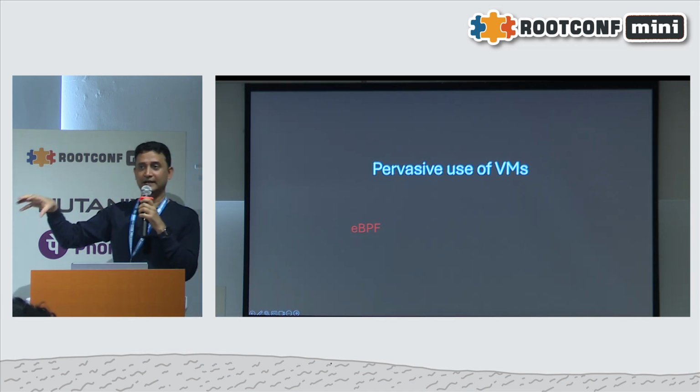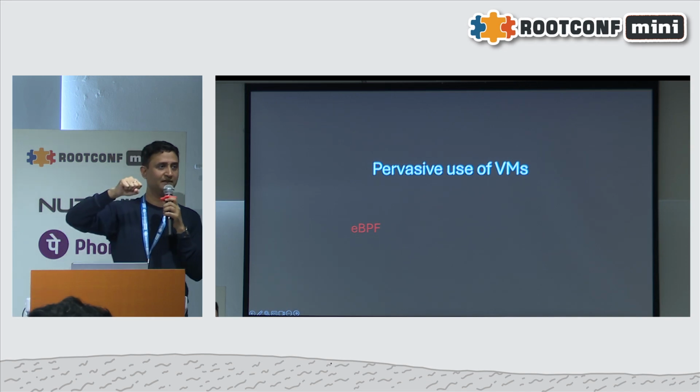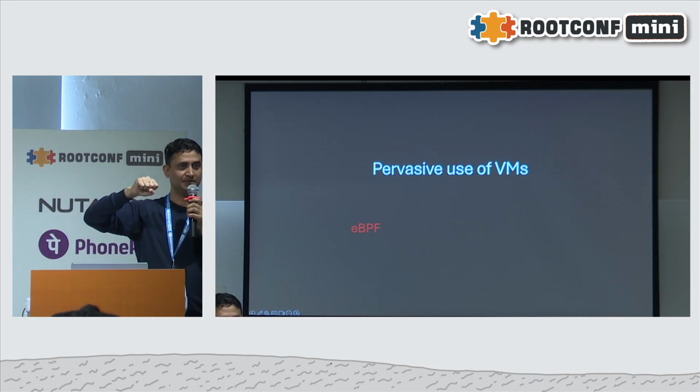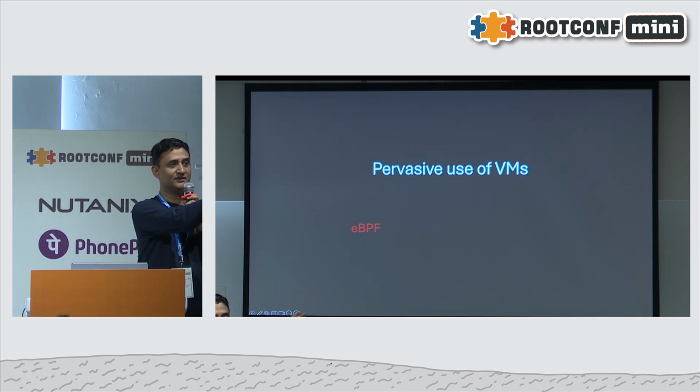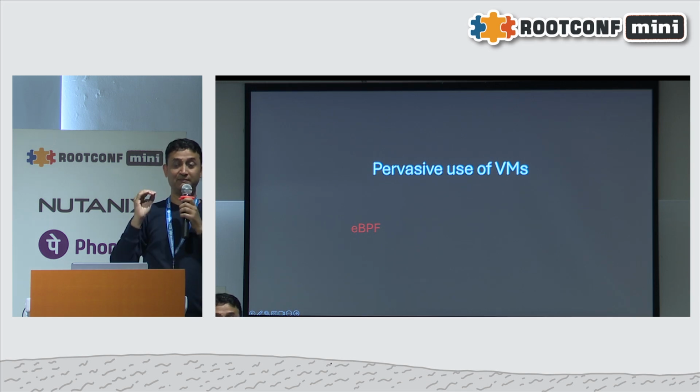So you have packets coming into the system, and there's a bunch of processing that the kernel does, and then it passes those packets to the processor. Now remember, the relative cost of memory is higher today.